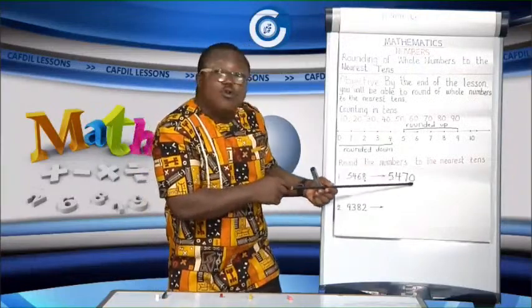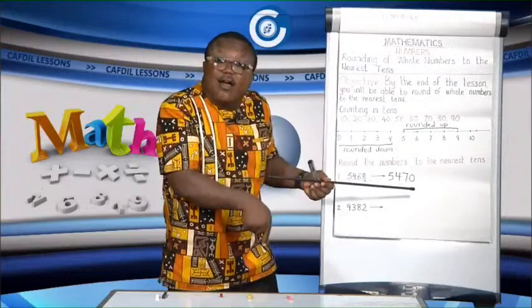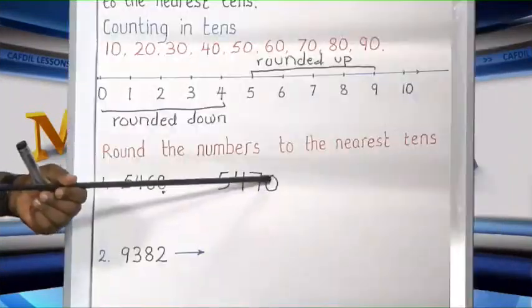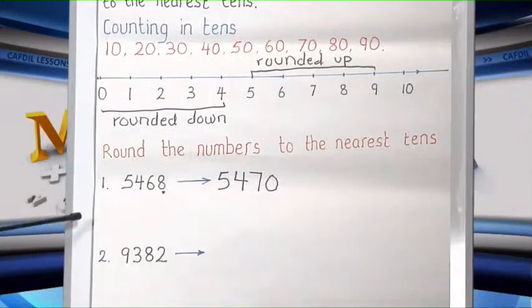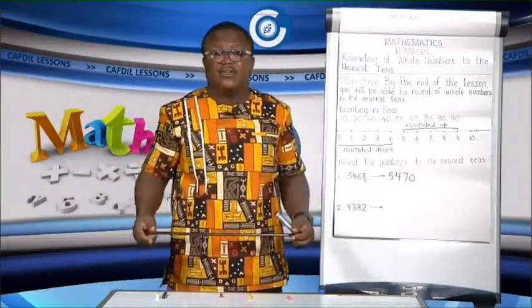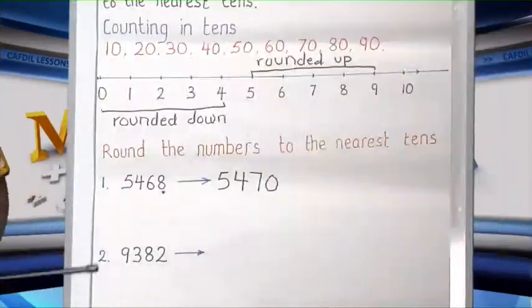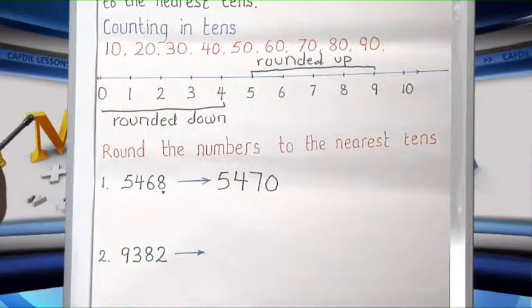And we want to round it off to the nearest 10. So we have the 70 and then 60. When you look at 70 and then 60, which one will this 68 be closer or nearer to?